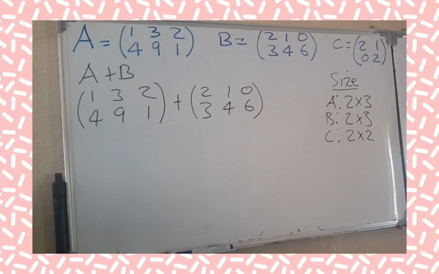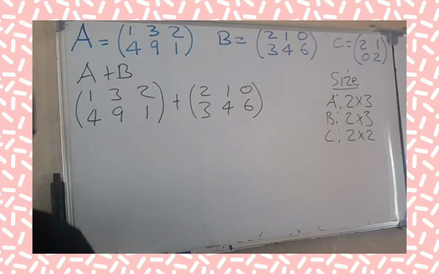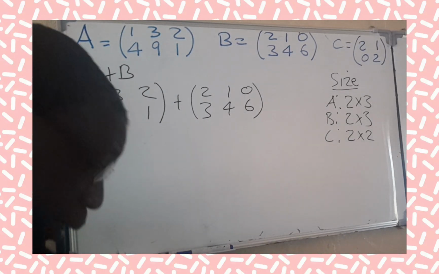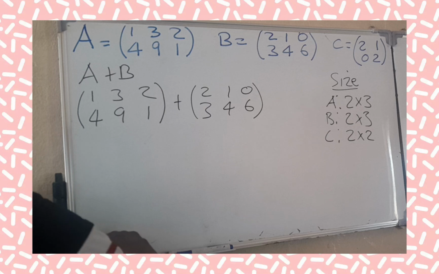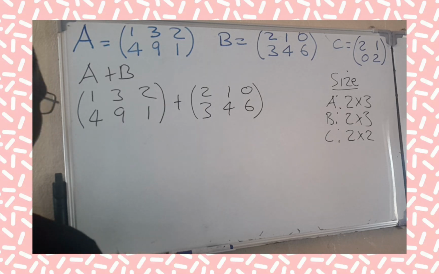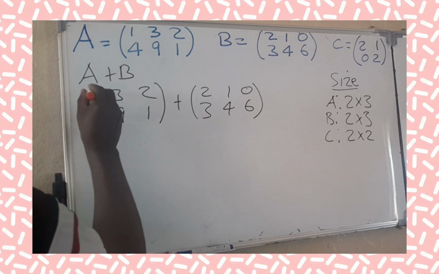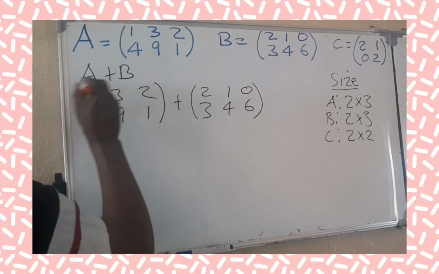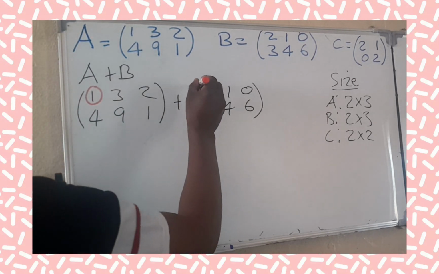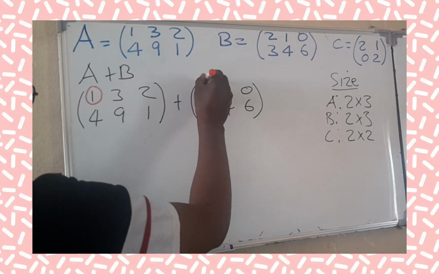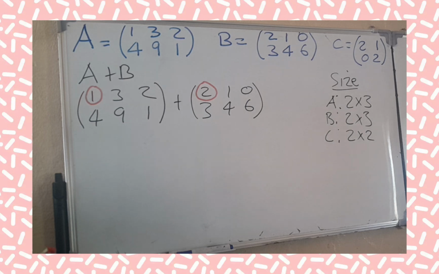How do we add these elements? We add corresponding elements, in other words, elements that occupy the same positions in each matrix. For example, the 1 here is occupying the same position in A as the 2 is occupying in B. So these are 2 corresponding elements.